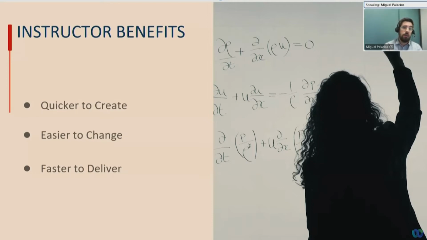Lastly, the speed of delivery is a huge positive impact of microlearning because the turnaround of producing those videos is so quick, you can actually deliver content to students in a way that is much quicker than re-recording a full 30-minute lecture or re-recording your current materials to update to the current changes.